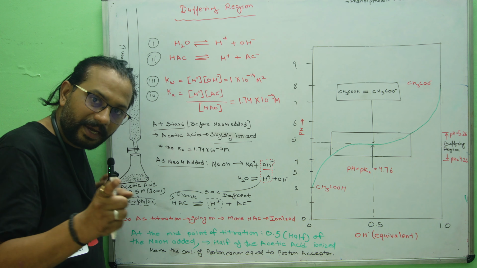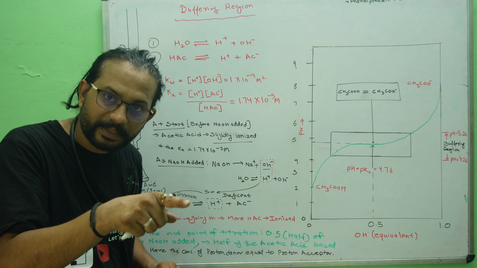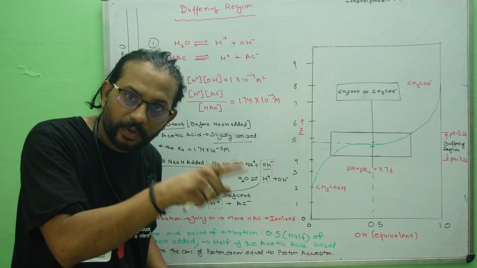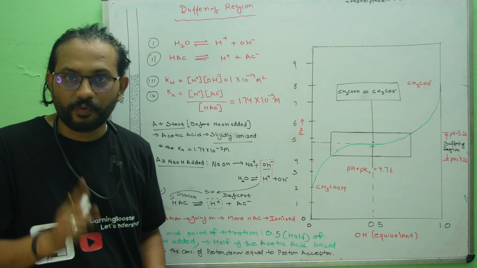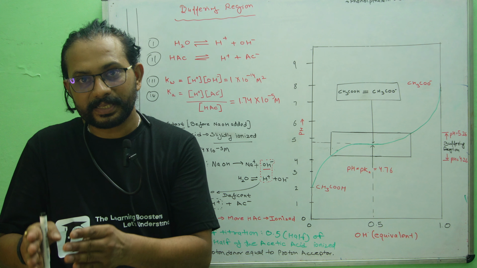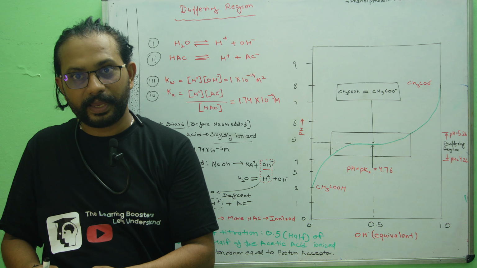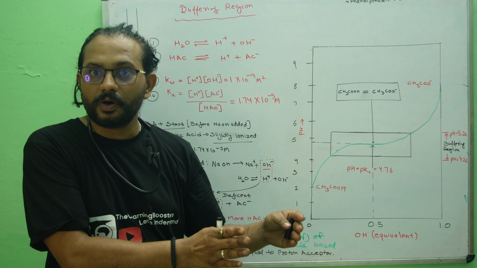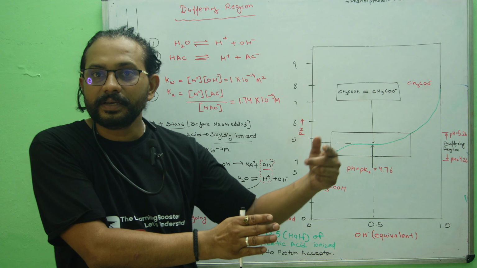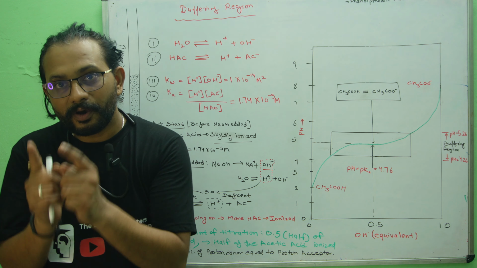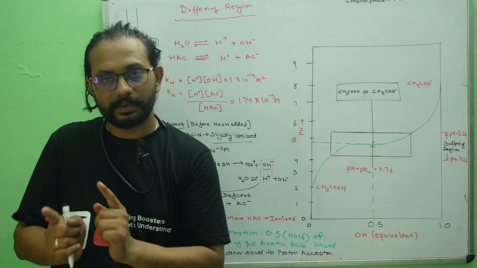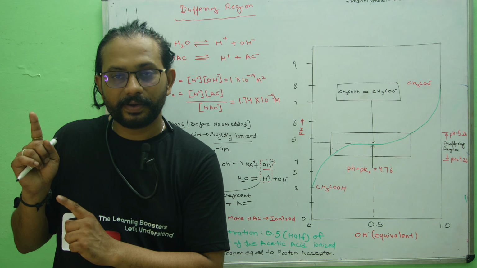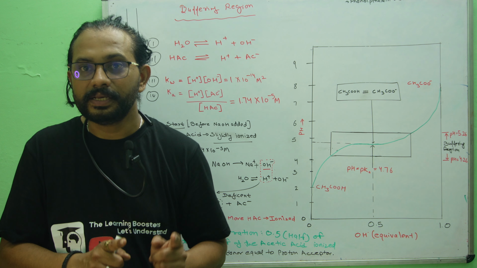So one NaOH added leads to the dissociation of one acetic acid molecule. Equal molecules of NaOH added means equal molecules of acetic acid ionized. We also said the volume is kept the same: 20 ml of NaOH and 20 ml of acetic acid.